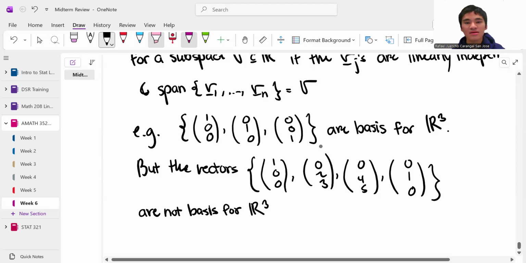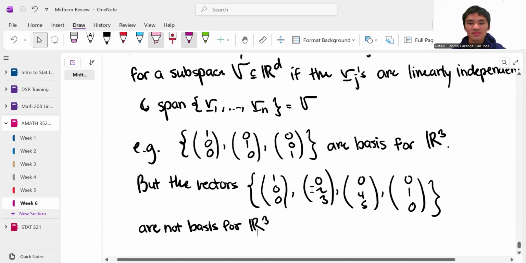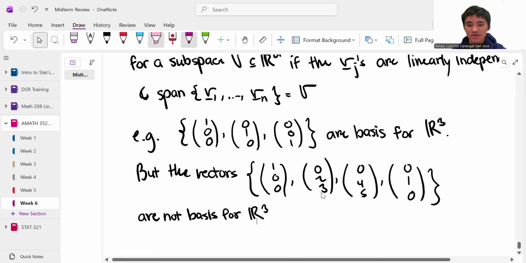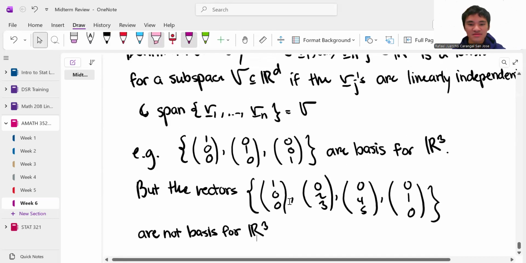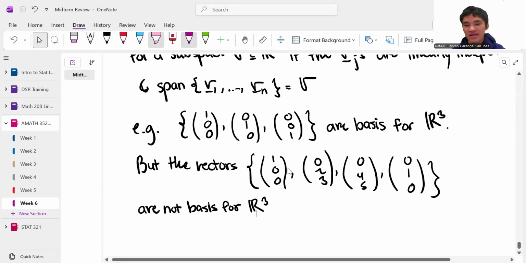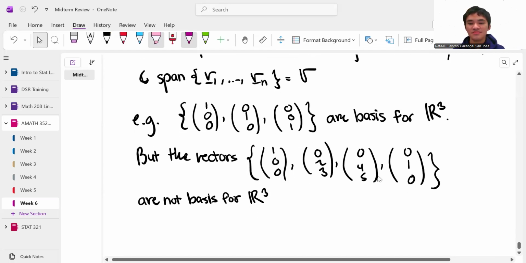Why? Let's check. Are they linearly independent? Actually, I don't know. I have to check it myself. So we could do the alpha technique. Could we write one of them as a linear combination of the others? Something I also have to check. Can't eyeball it.